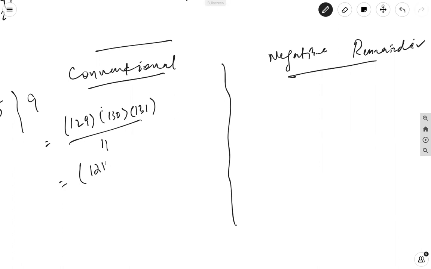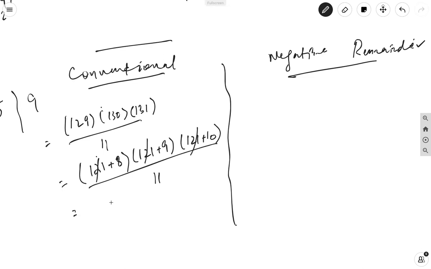So 121 plus 8 into 121 plus 9 into 121 plus 10 over 11, right? Now, if I divide this, the remainder for this is 0, for this is 0, for this 0, we are left with 8 into 9 into 10 over 11, right?